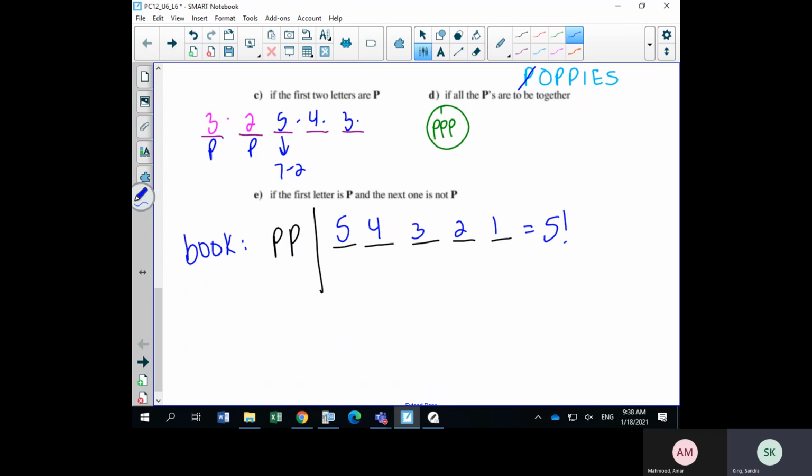So I'm just going to take out those P's. And then I would have a disc with an O on it, a disc with an I, a disc with an E, and a disc with an S.